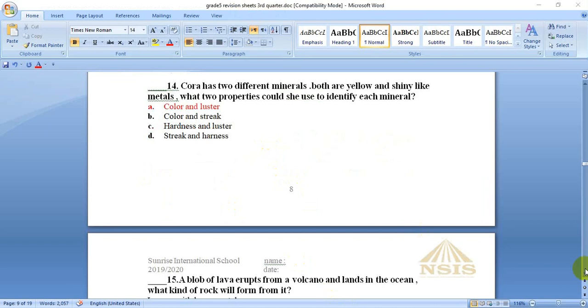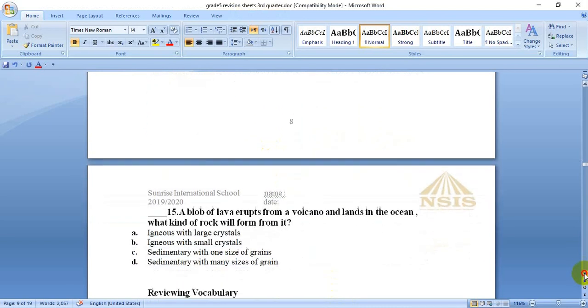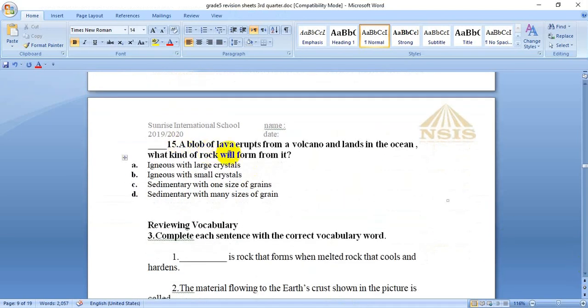Question 15. A blob of lava erupts from a volcano and lands in the ocean. What kind of rock will form from it? When lava cools down in the ocean, in the water, did it cool quickly or slowly?